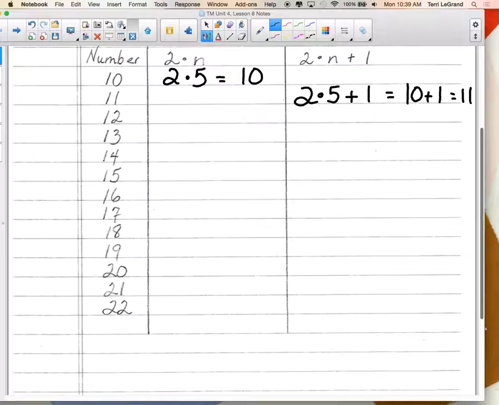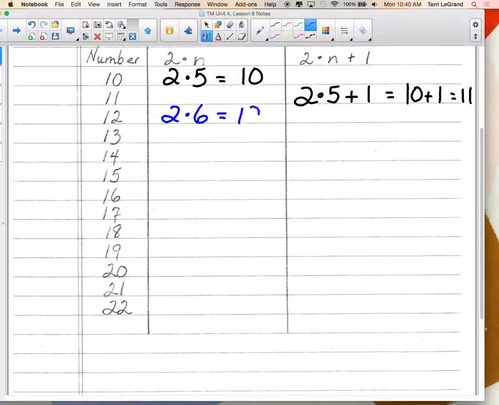Okay. How about the next one, 12? Which column, or can we find something to put in both columns for that? Can it be identified by both algebraic expressions? I think somebody new that hasn't participated yet. Harley? 2 times 6, and that's it? Just multiply by 2 and that should give it to us? So over here in this column, take 2 times n, our n is going to be 6. 2 times 6 is 12.